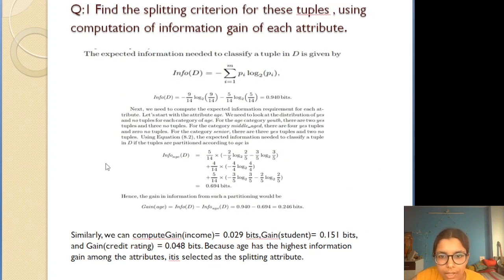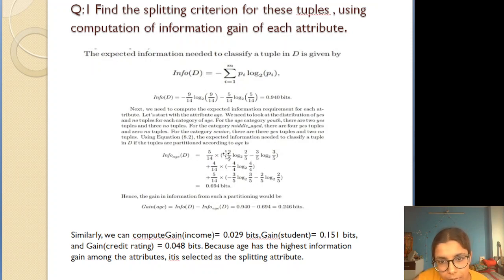So then we take that and put them according to the formula here, and we would get a value of 0.694. Okay, 5 by 14 times, why 5 by 14? Because the total number of yes and no in the youth category was 2 plus 3, as in 3 no's and 2 yes. So 5 by 14 would be the weight.